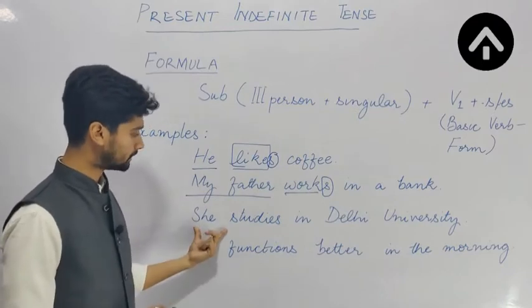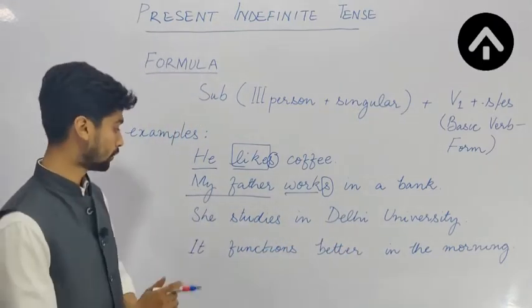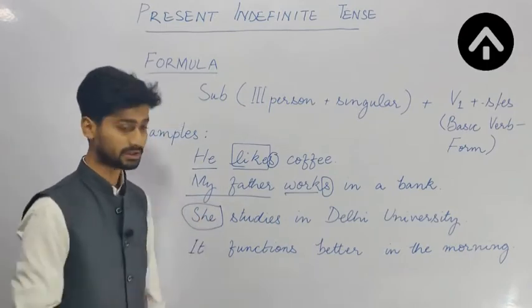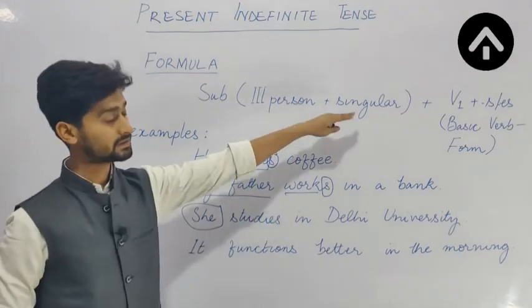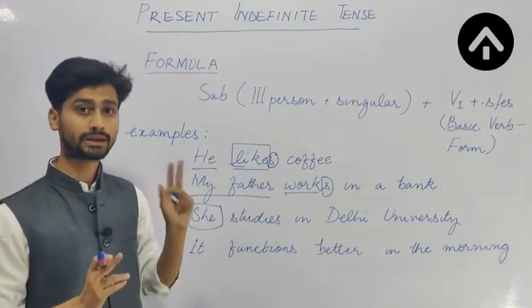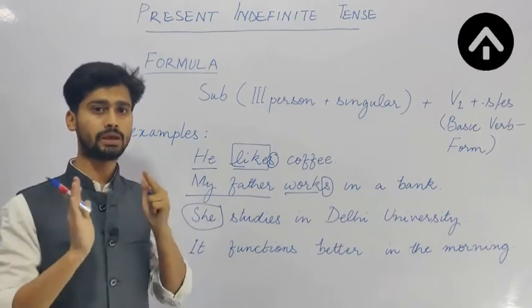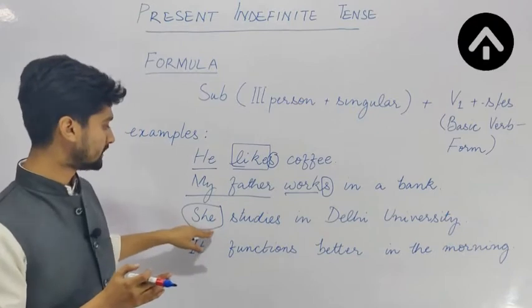The third example: she studies in Delhi University. Now, what is the subject? Is it third person? Yes, of course. Is it singular? Yes. So it meets both conditions. It is third person as well as singular.